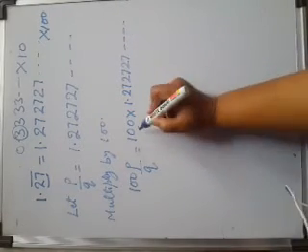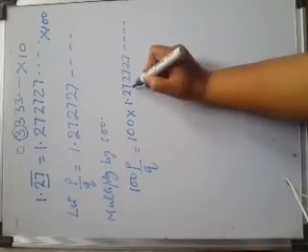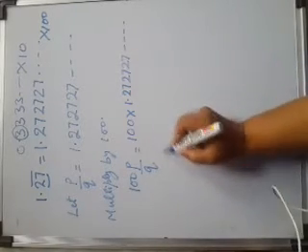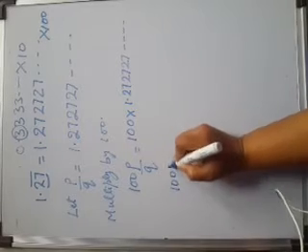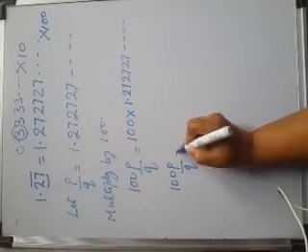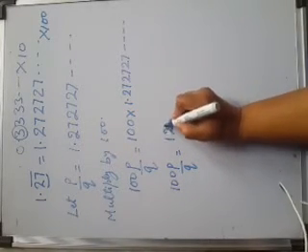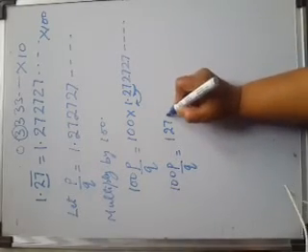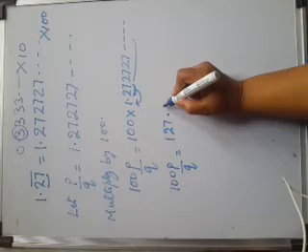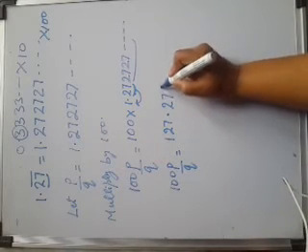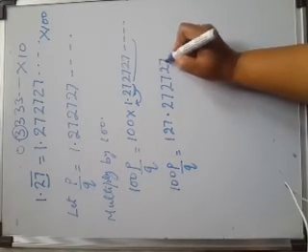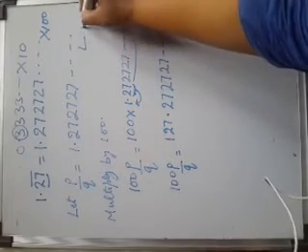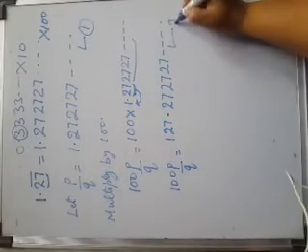Now what will happen? When we are multiplying by 100, 2 digits will move to the left side of the decimal point. So this will be equal to 100 P by Q is equal to 127. See, this 27 will move to this side. So 127 point. Now the remaining will remain on the right hand side, that is 27, 27, 27 and so on. Now this is equation number 1. This is equation number 2.